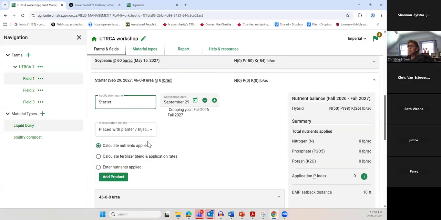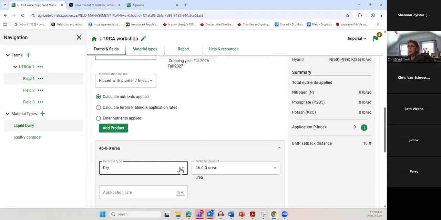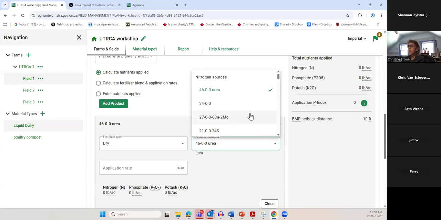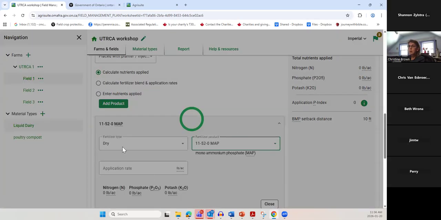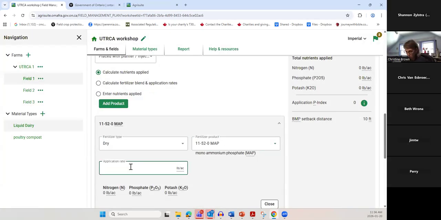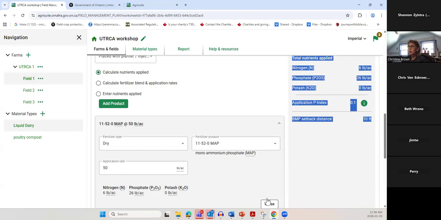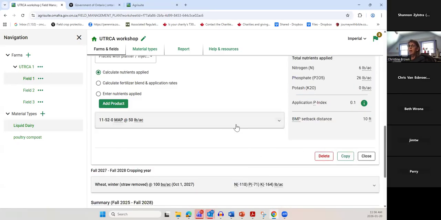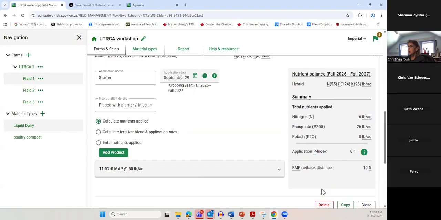So starter, I'm going to put on some MAP, and because I need to be careful with dry MAP, application rate of 50 pounds. And that's okay.